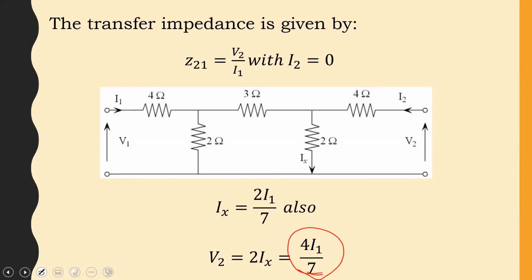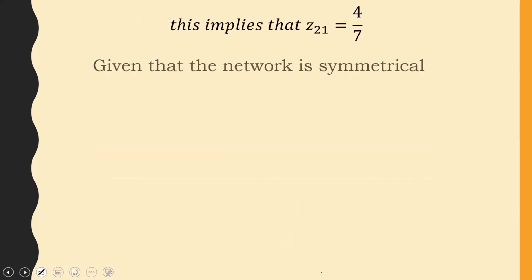And then we looked at the other port. Again, looking from port 2, we saw that the network was symmetrical. And so the transfer impedances were equal, and the input and output impedances were equal.